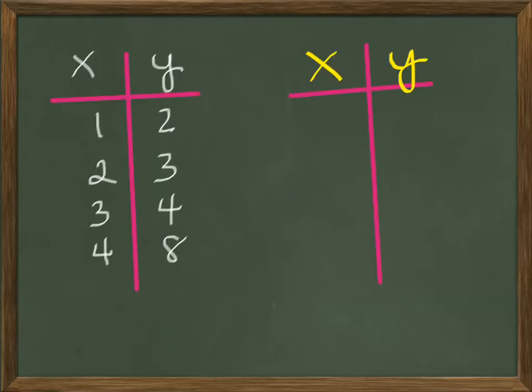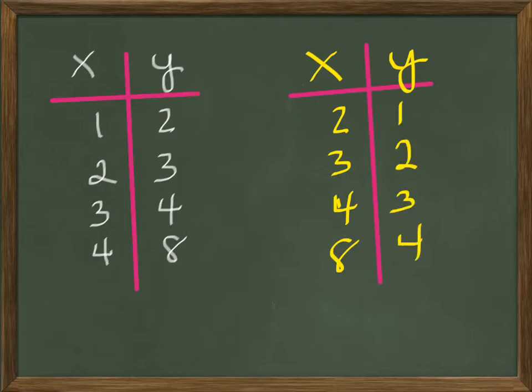Okay, so now let's look at it numerically. On the left is a function represented in a t-table. Each x is paired with exactly one y. In order to find the inverse of this function, we simply switch our x's and y's. Now we can look at the x, y's on the right-hand side and find out if that's a function.